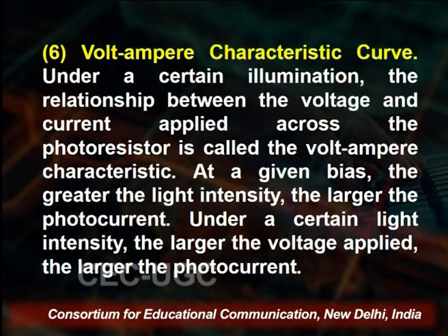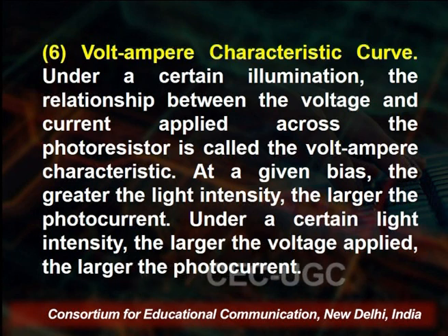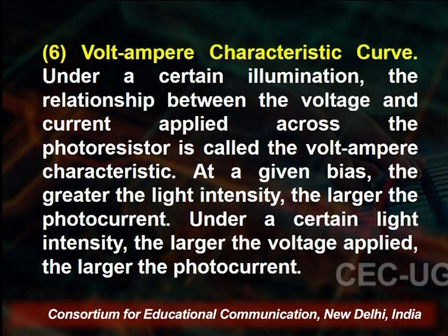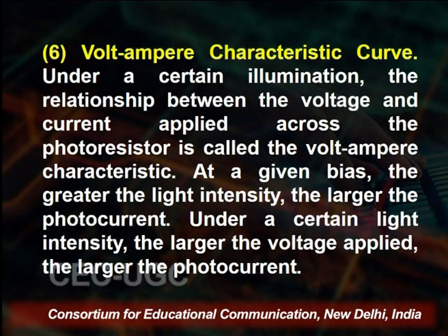Next parameter is the volt-ampere characteristics curve, which we get under a certain illumination. The relationship between the voltage and the current applied across the photoresistor is called the volt-ampere characteristics.